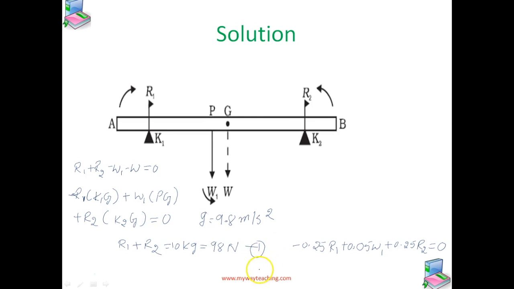We know the value of W1. So if you simplify this further, we get R1 minus R2 is equal to 1.2 g, that is 11.76 Newton.